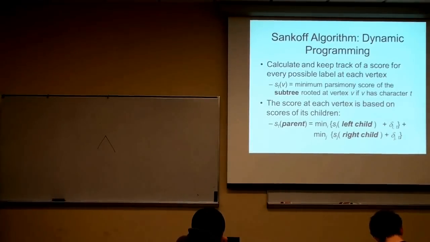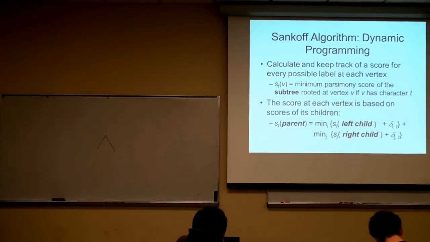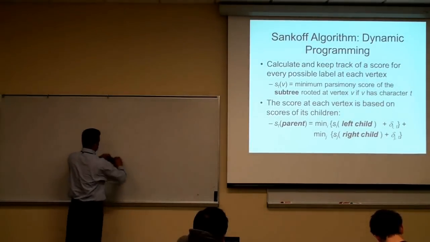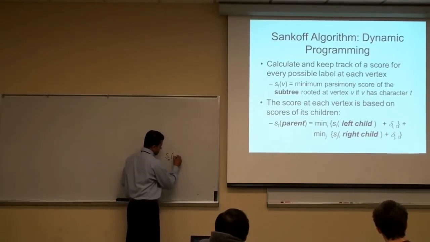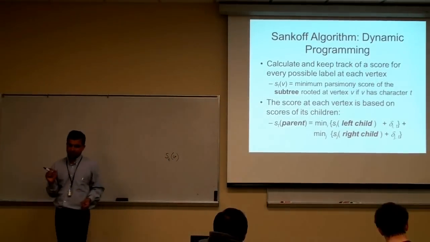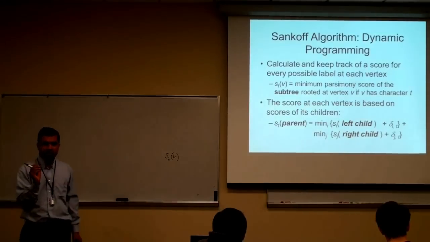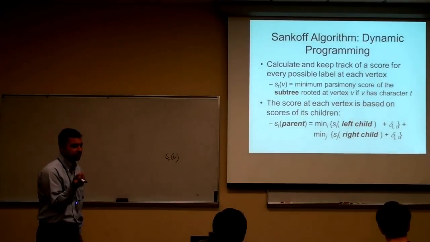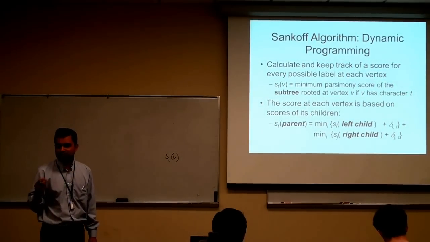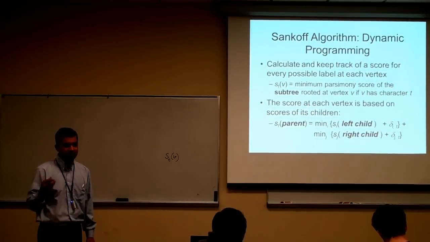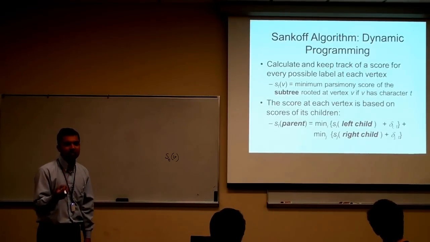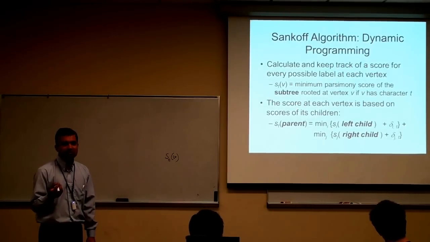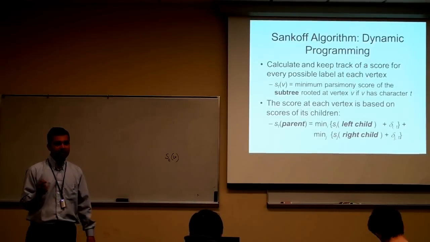Actually, I have an example. The key thing from this slide is the definition of the dynamic programming table. The first step in dynamic programming is to define what is the variable for which you'll compute recurrences. That's the dynamic programming table. What do elements in your table represent? That's the first thing you define in dynamic programming, right?